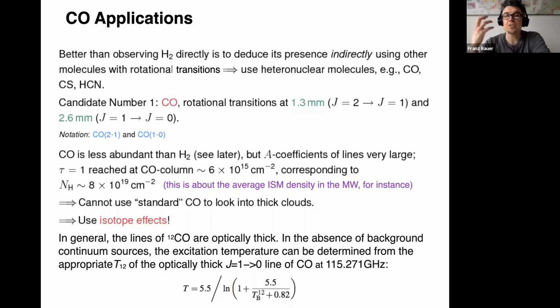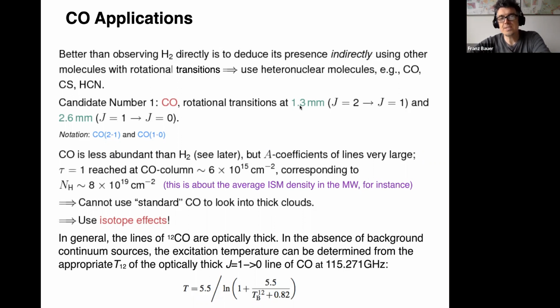And it traces relatively medium density structures. Rather than trying to observe molecular hydrogen, which you have to observe from the mid-infrared or in the UV, you observe other molecules like CO, CS, or HCN, and you infer what the density of molecular hydrogen is.